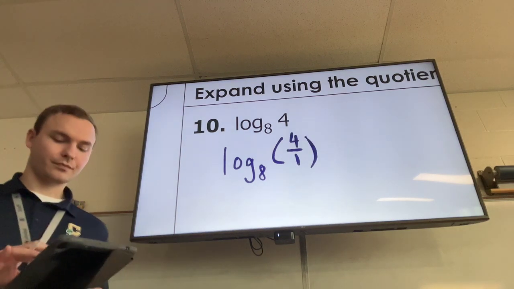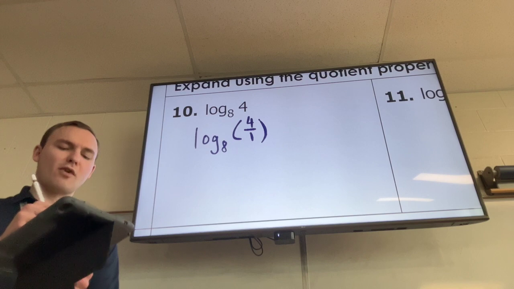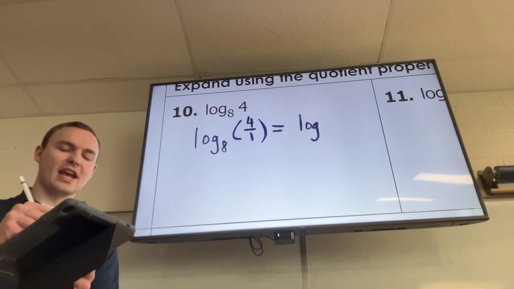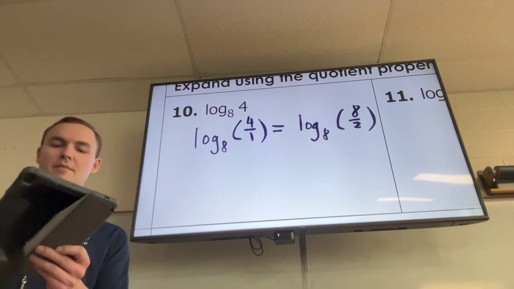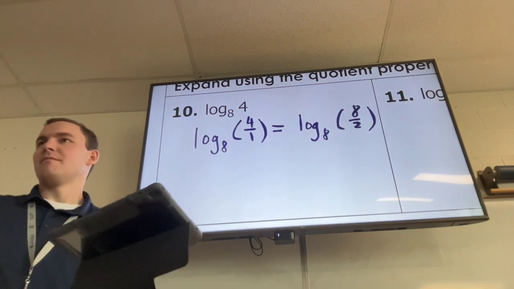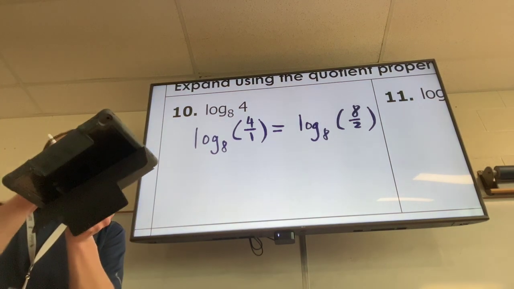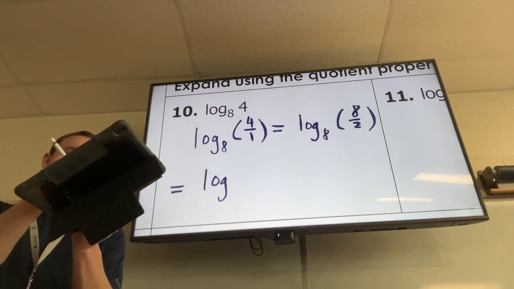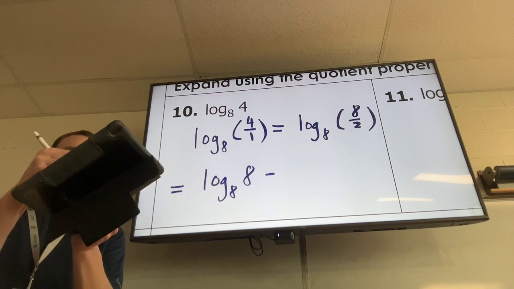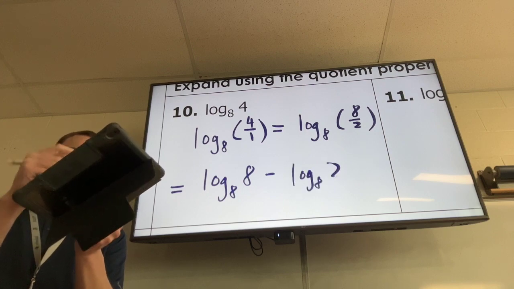Okay? And you can change that 4 over 1 to whatever you want. It has to be an equivalent fraction. So maybe log base 8 of 8 over 2. Is that okay? And then what does that become? Log base 8 of the top number minus log base 8 of the bottom number.